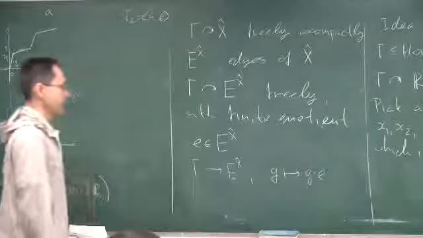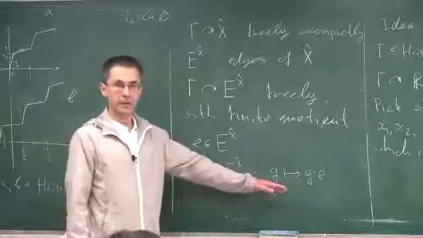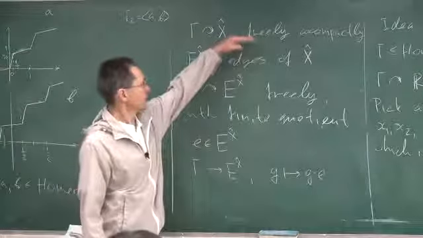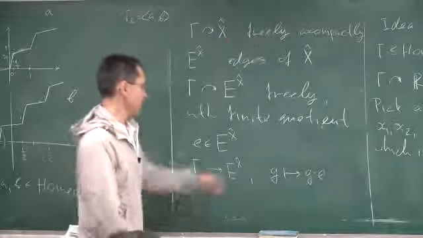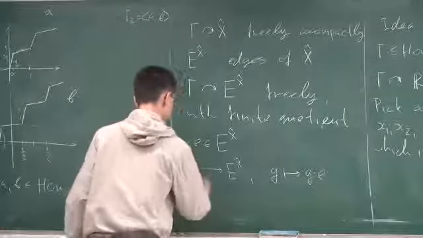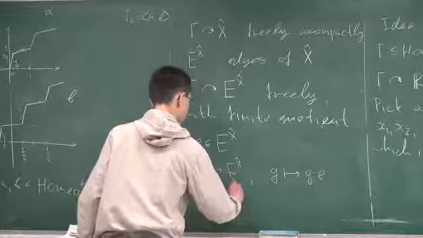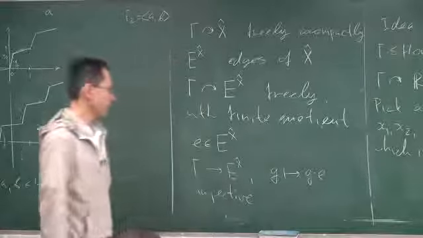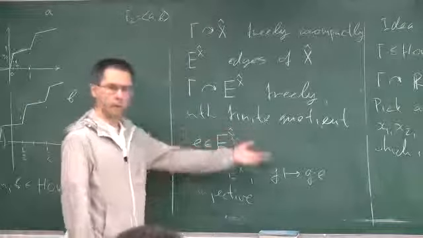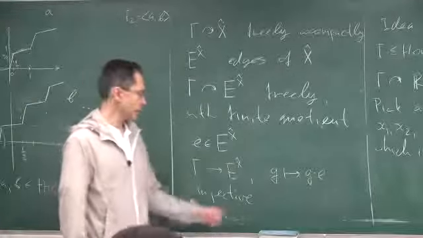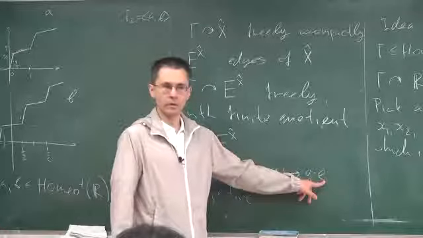And that essentially means that this orbit map is injective. So the fact that the action is free implies that this map is injective. And what's the image of this map? The image of this map is exactly the whole orbit of E.